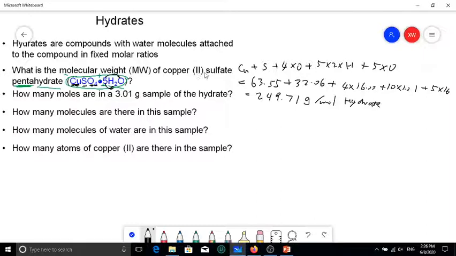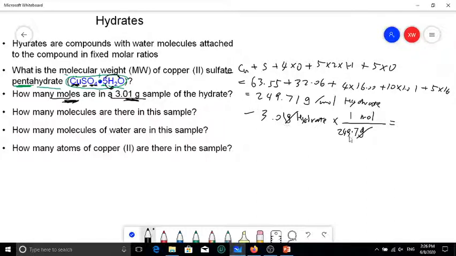So this is the first question. Now, if you have a 3.01 gram sample of hydrate, how many moles are in it? This is going from mass to mole. So 3.01 grams of hydrate times 1 mole over how many grams. Grams and grams cancel, so this is dividing by the molecular weight. 1 mole is 249.71 grams.